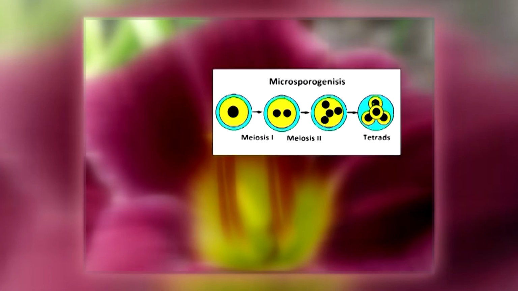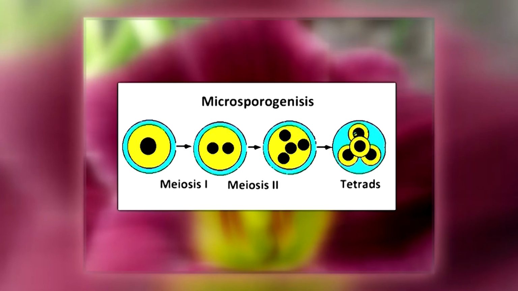Thus, during microsporogenesis, the nucleus of each microspore mother cell undergoes meiosis or reduction division and ultimately gives rise to 4 haploid nuclei. These 4 nuclei are arranged tetrahedrally and are soon invested with cell walls.